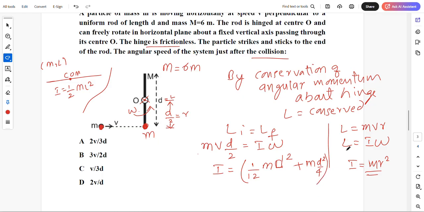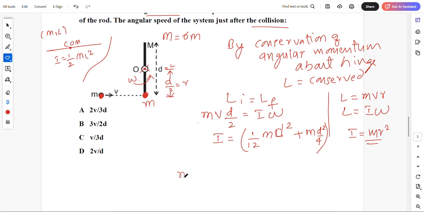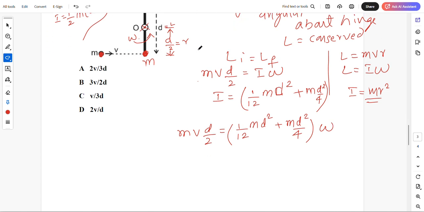Now just substitute in this equation. We are going to get m v d by 2 equals I into omega. I is 1 by 12 m d square plus m d square by 4, into omega. But they have given capital M is equal to 6m.